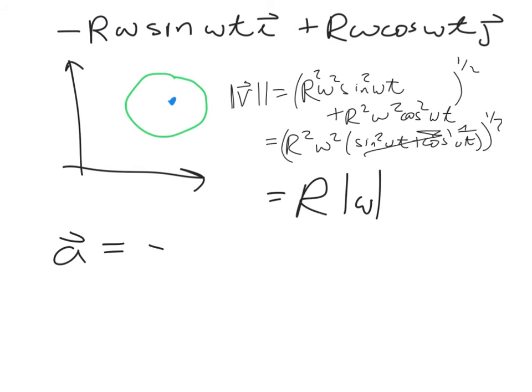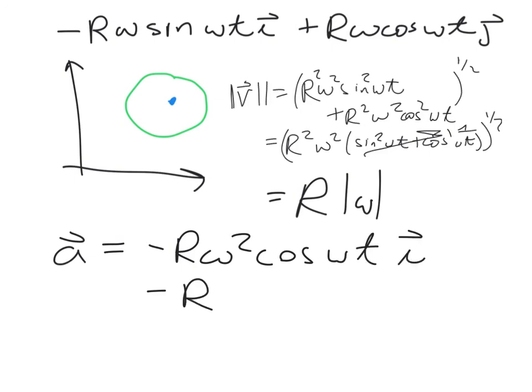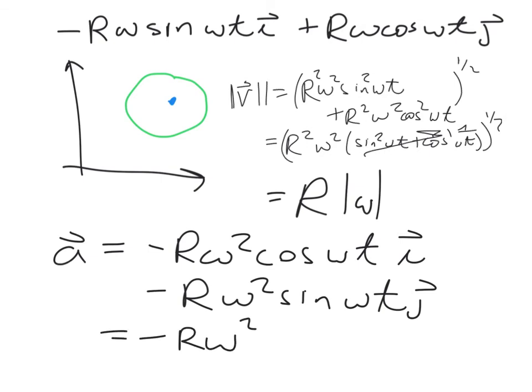And so we have negative r omega squared cosine omega t i minus r omega squared sine omega t j.